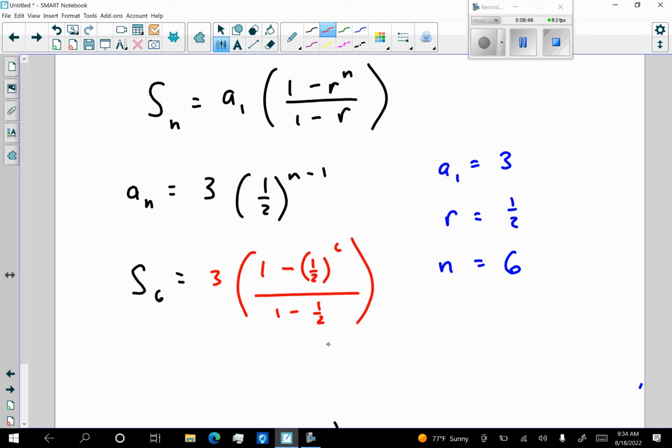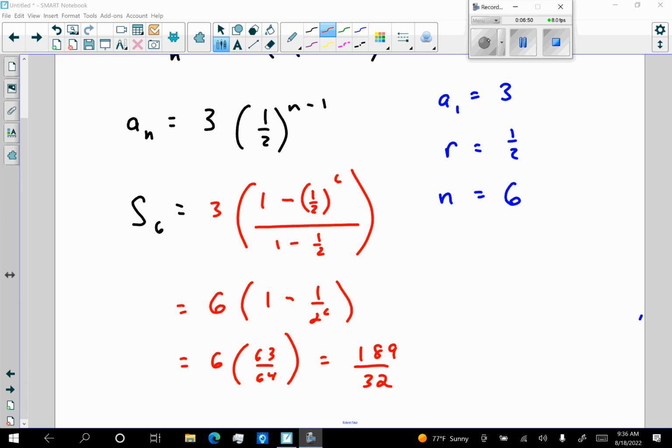And so I'm just going to use my calculator and actually figure out what this expression equals. I notice that 1 minus 1/2 is 1/2. 3 divided by 1/2 is 6, times the quantity 1 minus 1/2 to the 6th power.